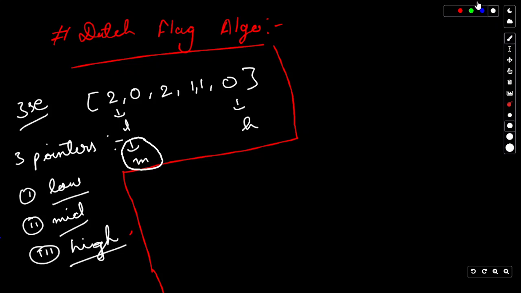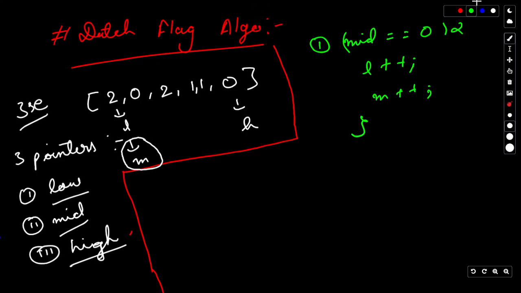Keep this in mind: whatever value is there at mid, we will be acting accordingly. In the first case, where mid is exactly equal to 0, what we will be doing is incrementing our low pointer, and then we'll be incrementing our mid pointer too.